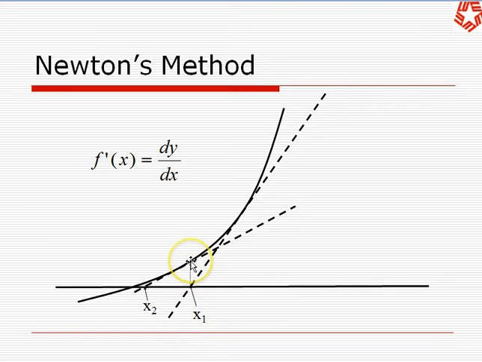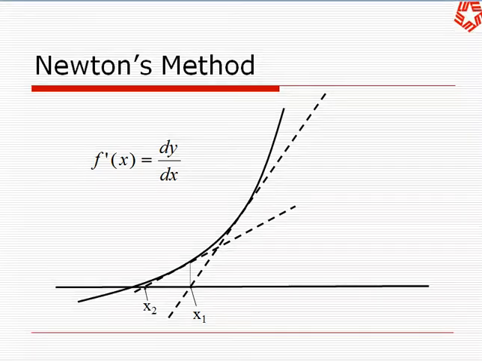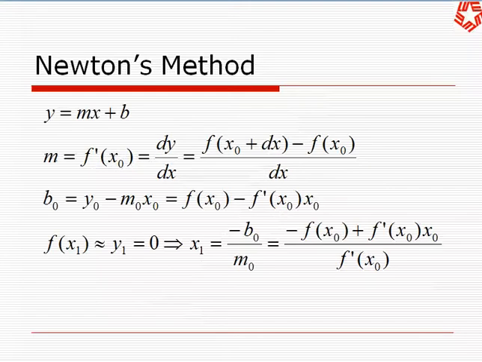So at that point we recompute the derivative, and that takes us to another intersection of such derivative, or the projection of that derivative as a straight line into the horizontal axis at x2, and so on and so forth. And that's how we reach the value of the root. Now we're trying to maximize or minimize, so the function that we need to find the root of is the derivative, equal to 0. So actually we would need to compute the second derivative, but more on that in a moment.